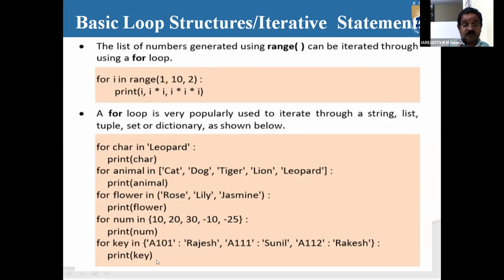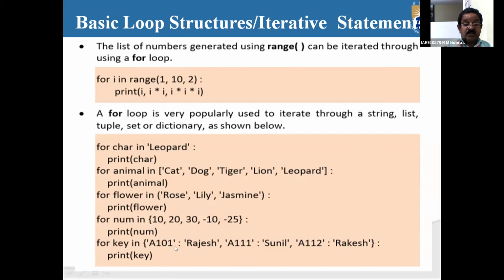Then what will be the output for the dictionary? A101, A111. Only those are going to be written, since you asked to print the keys. A dictionary consists of keys and values. Here the key is A101 and its value is Rajesh. The key is A111 and its value is Sunil. Since you have asked only to print the key, they are going to print only this.